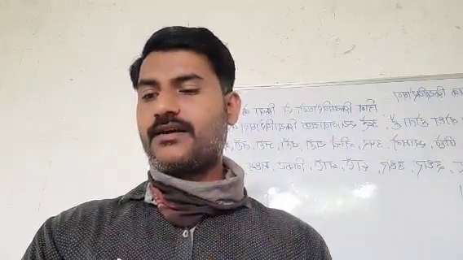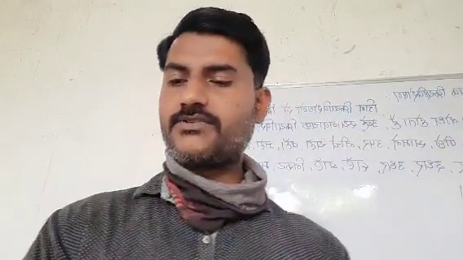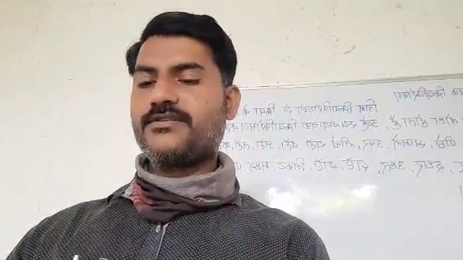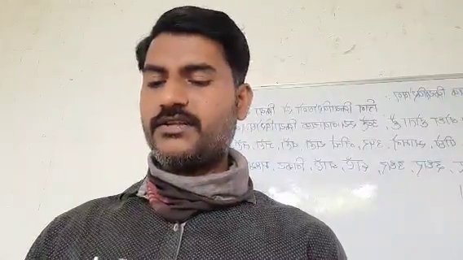Now the next point. Observe figure 5.3 and answer the question: which winds in the northern hemisphere blow from the mid-latitudinal high pressure belt to the equatorial low pressure belt?